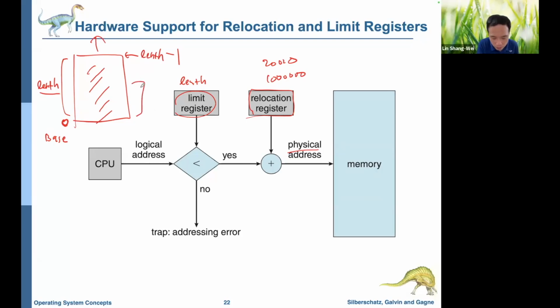This offset added to the base starting address gives you the actual physical address, and you can go to that address to access. Any questions here? This is how we use this hardware support to do relocation for contiguous memory allocation.